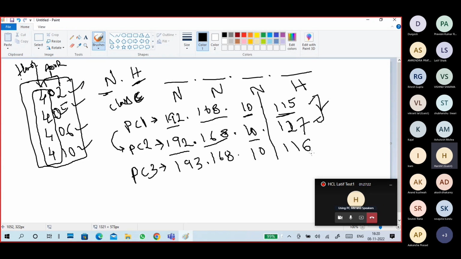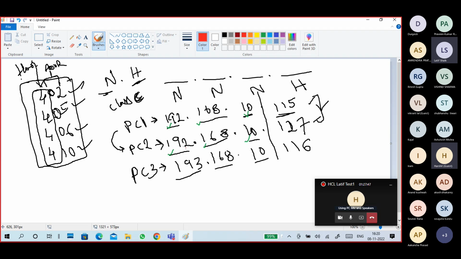See again, the host portion can be different, no problem. But here I have another computer and I configured the IP address like this: 193.168.10.